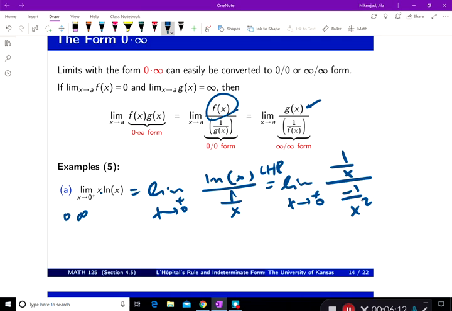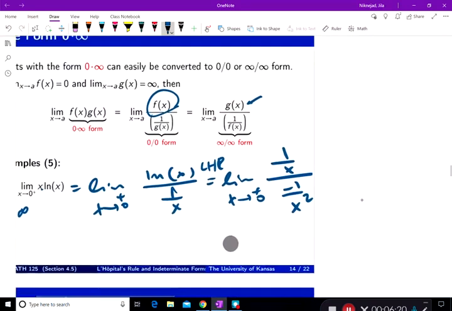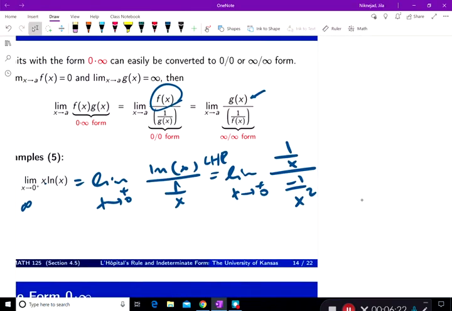Now let's simplify this, because if I continue doing L'Hopital, you will notice that you're not going to get anywhere. That's one of the cases where L'Hopital is not going to work. You have to simplify before doing anything else.